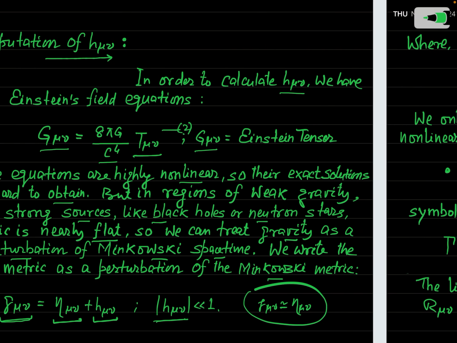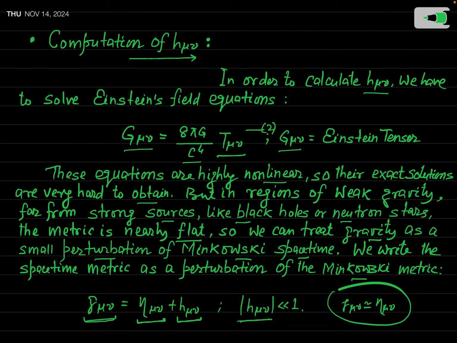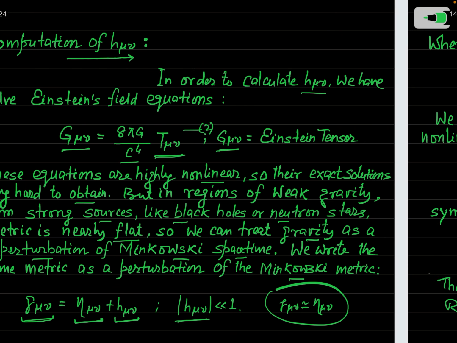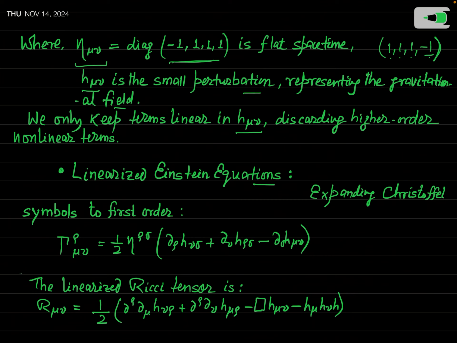As you can see, the Einstein field equation contains two tensors: G mu nu, which is called the Einstein tensor, and T mu nu, which is the energy momentum tensor. The Einstein tensor is defined in terms of the Ricci tensor, which is defined in terms of Christoffel symbols. So definitely we will have to write the expressions for the Christoffel symbol and the Ricci tensor in linear form.